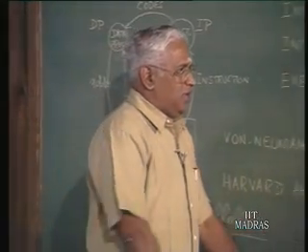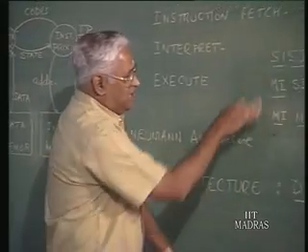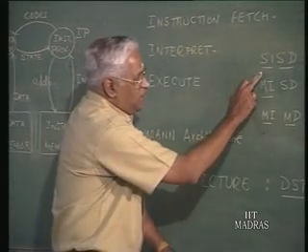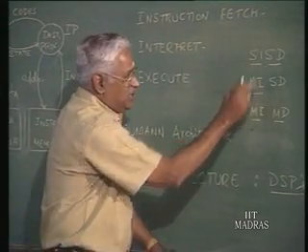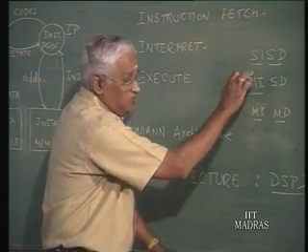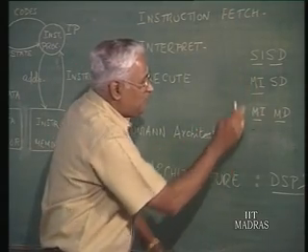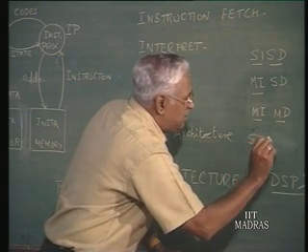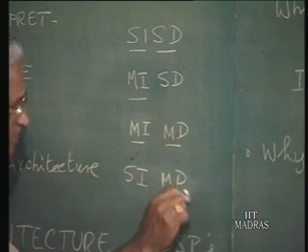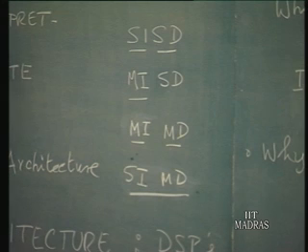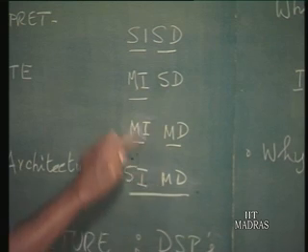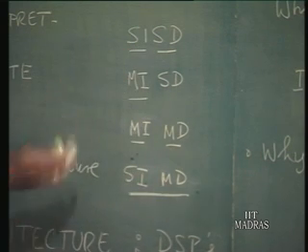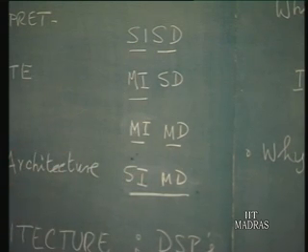Now, let us work out the other combinations possible here. That is, we have the instruction stream and data stream, and then single and multiple. So, now what is left is single instruction and multiple data. Okay, that is the only thing. Before we discuss these multiple things, this single instruction, single data is quite conventional.